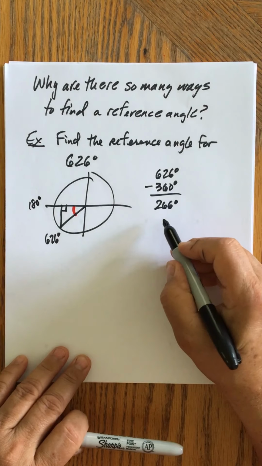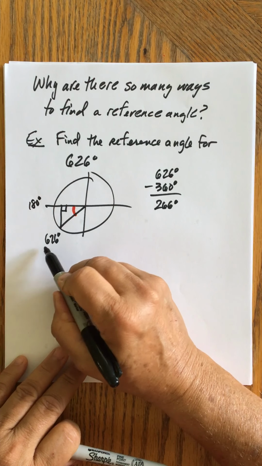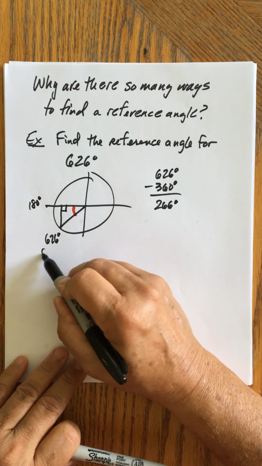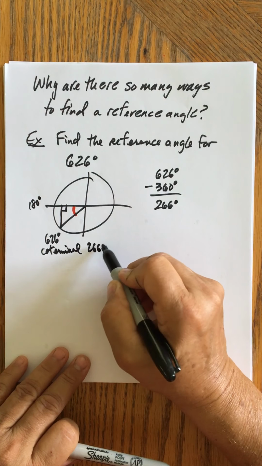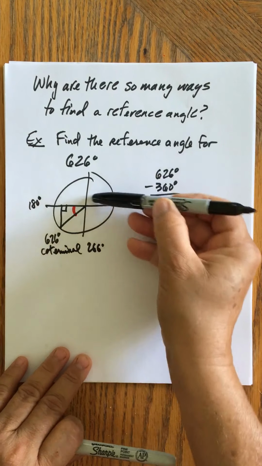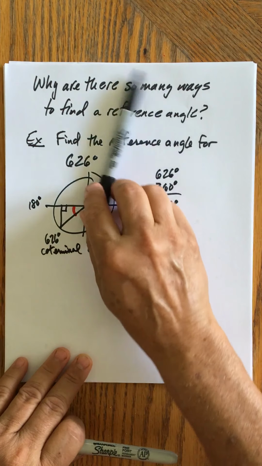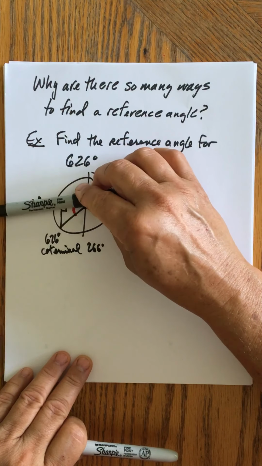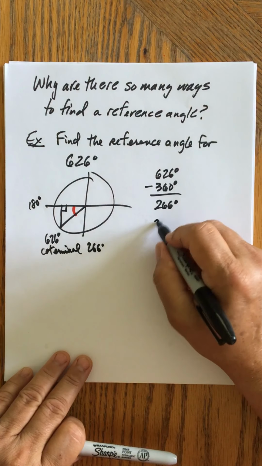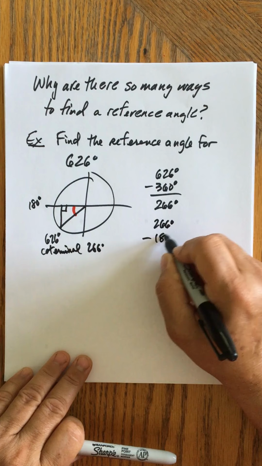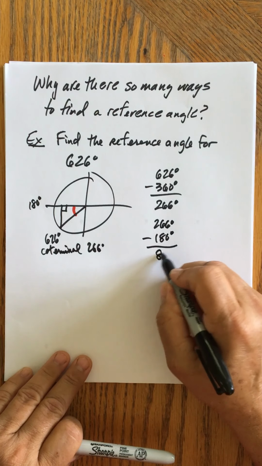So you'd say, oh, okay, well, I'm going to express this as coterminal 266, right? So what happened is I started at 0, rotated all the way out to 266, and I want to know what is this rotation between 266 and 180. So I subtract them, and I get 86 degrees.